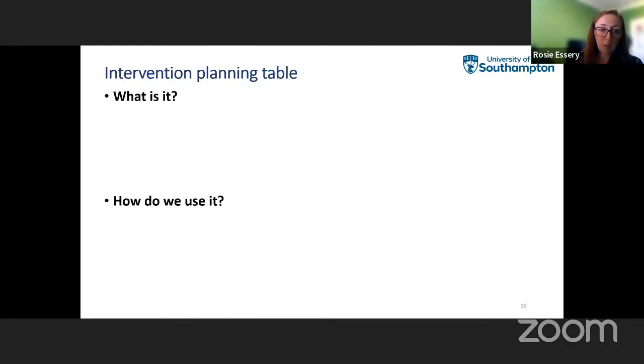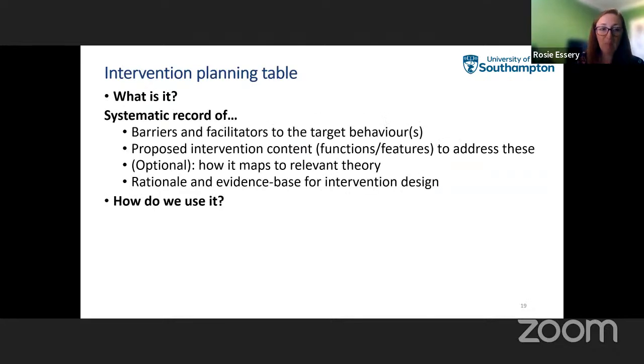So first of all, the intervention planning table, what is it? It's a tool that helps us to systematically collate evidence about important barriers and facilitators of the behaviours that we want our intervention to change, and to then start identifying and recording possible intervention content and features that might address these. The optional behavioural analysis aspect of this is also a really useful way of mapping to potentially relevant theory.